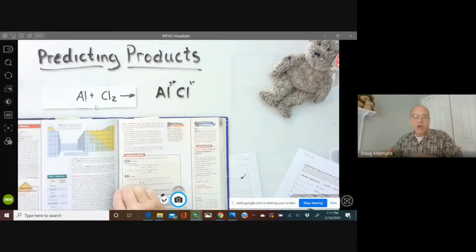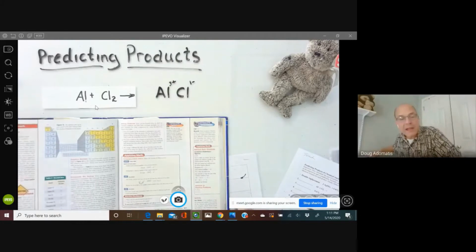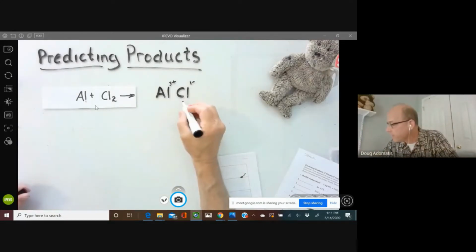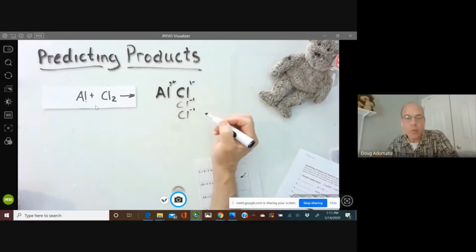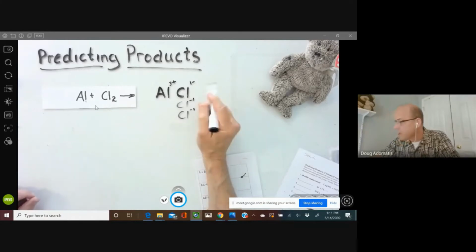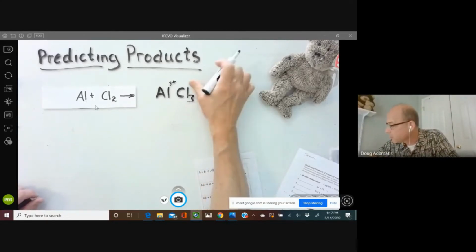And so aluminum chloride is a thing, but when you write the formula for aluminum chloride, you know that you're going to need 3 of these chlorines to match up with that one aluminum, because aluminum has an oxidation number of +3, right? So the way that we accommodate that is we put a subscript 3 here.